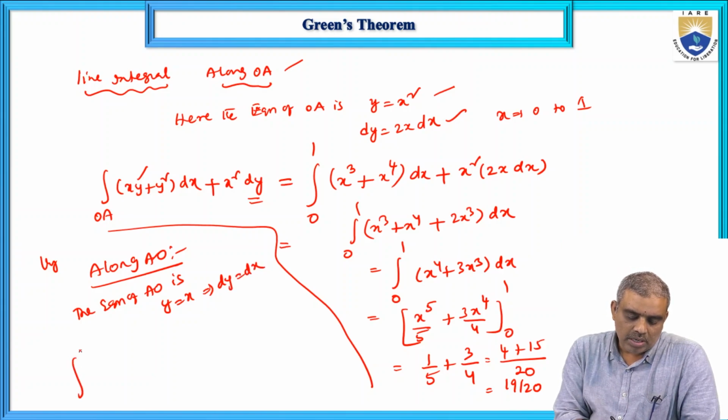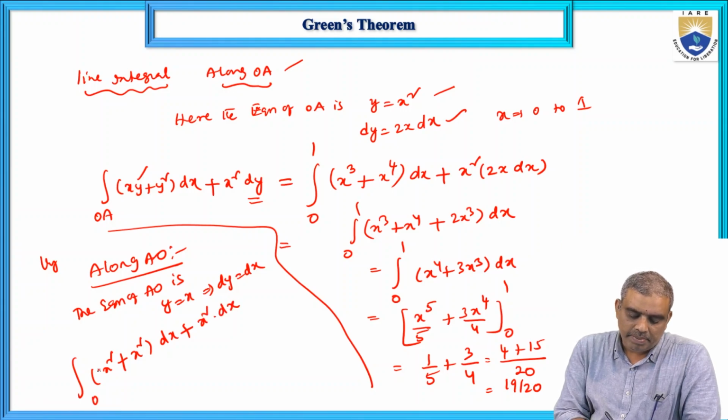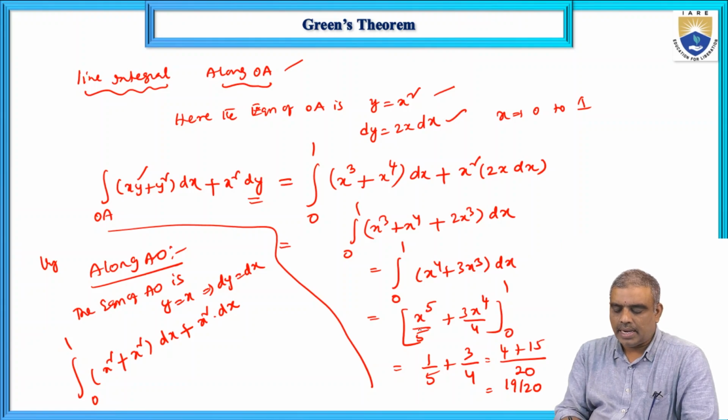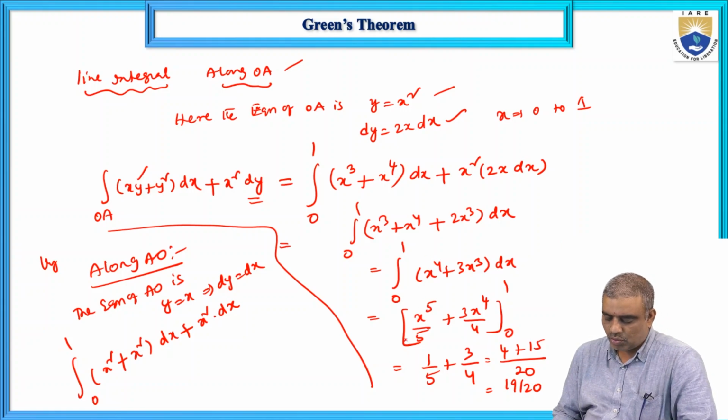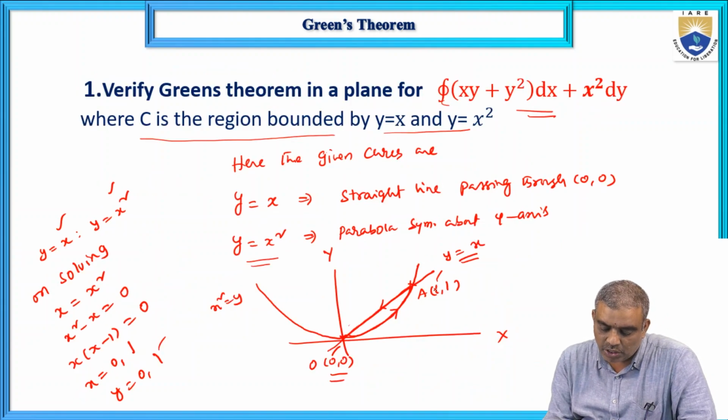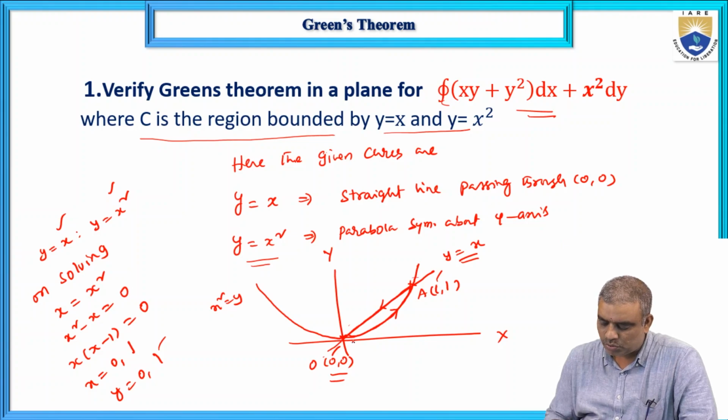So now I'm changing all the terms in terms of x. xy is x square, y square means x square, and dy means dx. The x limit, as in the previous case, would be 0 to 1. No, here the x limit is 1 to 0.